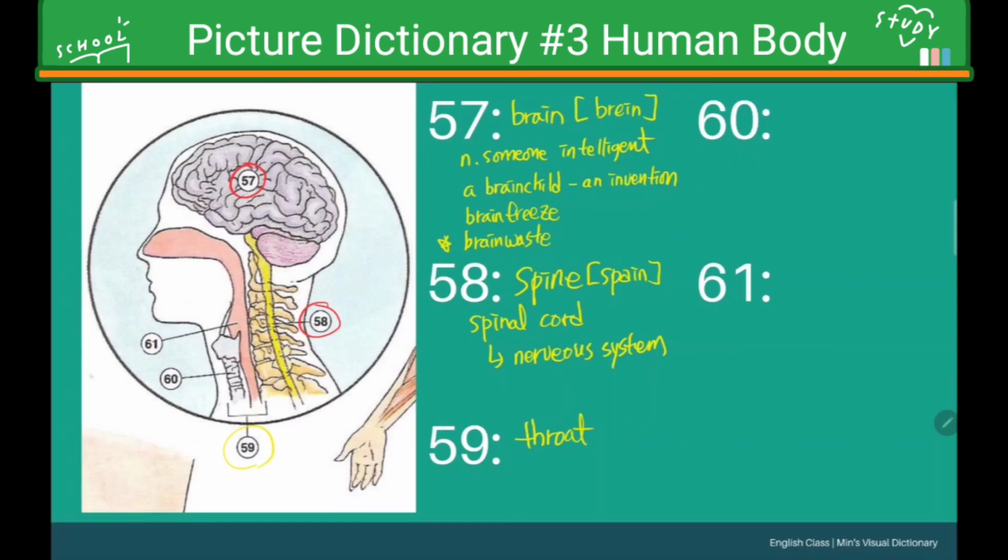Throat. So it's like that. The first sound, this one is the trickiest pronunciation in English, which is th, and then you have rote, and you have throat. Okay.